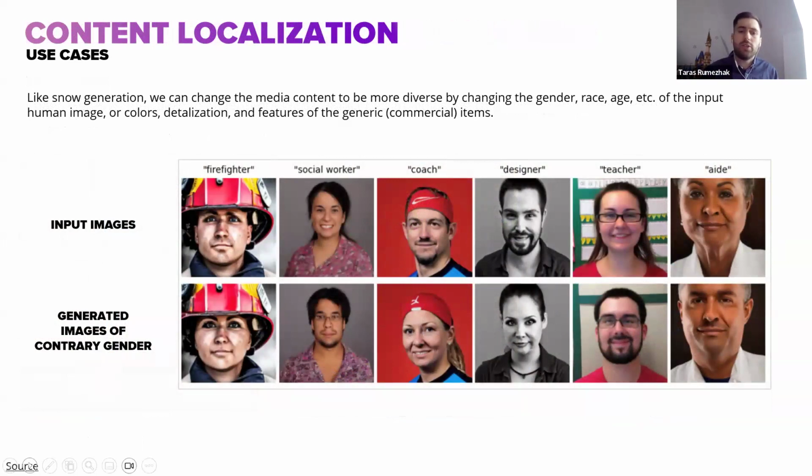Content localization is an important case. Here is just an image from one research paper that transfers a male body to a female body and back and forth. But why is it important and where is the business use case?